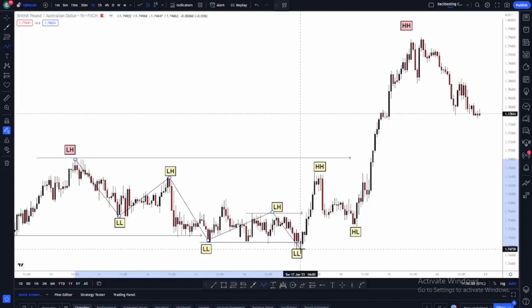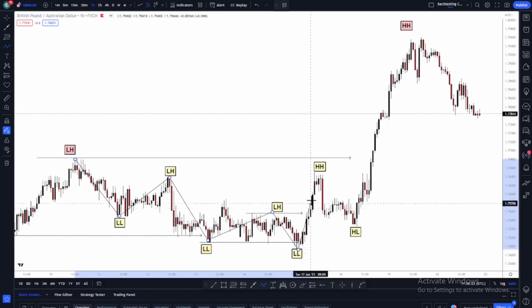All we needed to do was wait for a shift of structure or a break of structure, which tells us that we are done with the H1 bearish movement and about to rally back up. So what happened next after this lower low was created?